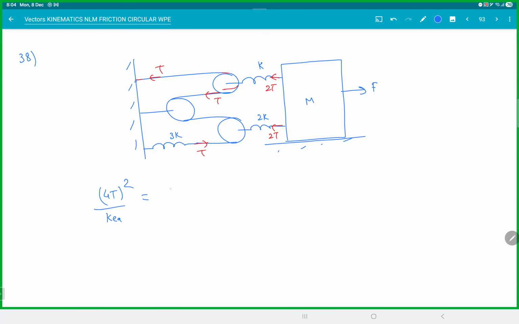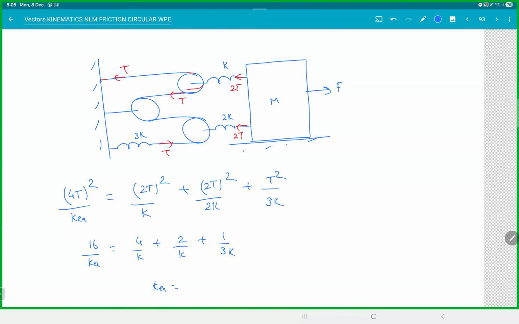And this spring has tension 2T, so (2T) whole squared by K. This spring has tension also 2T, so (2T) whole squared by 2K. And this will be T squared by 3K. T squared goes off everywhere. This is 16 by K equivalent equals 4 by K, 2 by K, 1 by 3K. Solve this, you'll get the K equivalent.